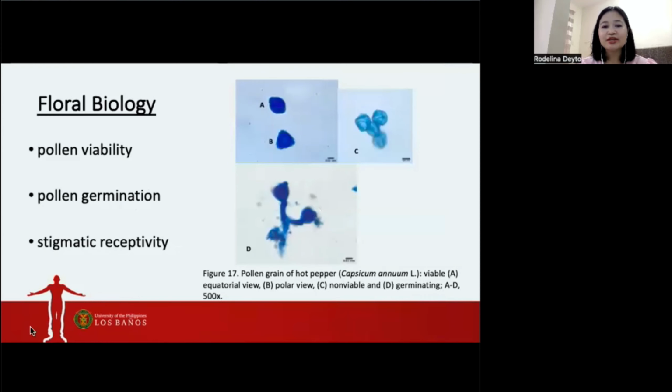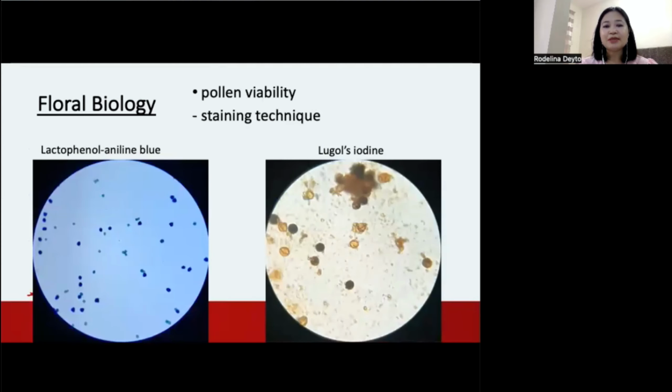Another one is pollen viability, pollen germination, and stigmatic receptivity. But first, you have to study the structure of the pollen. The pollen samples are mounted on slides and the pollen size, color, and structure are described. Pollen viability is determined by staining with lactophenol aniline blue or Lugol's iodine.